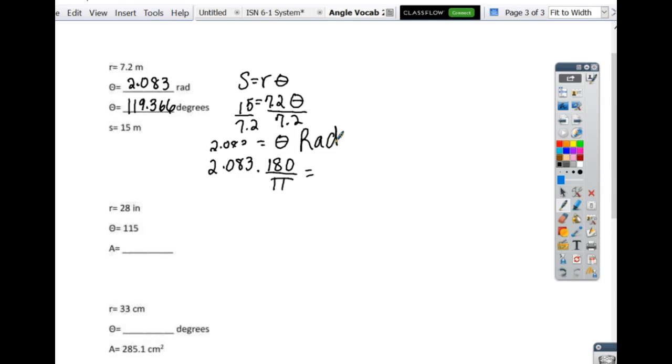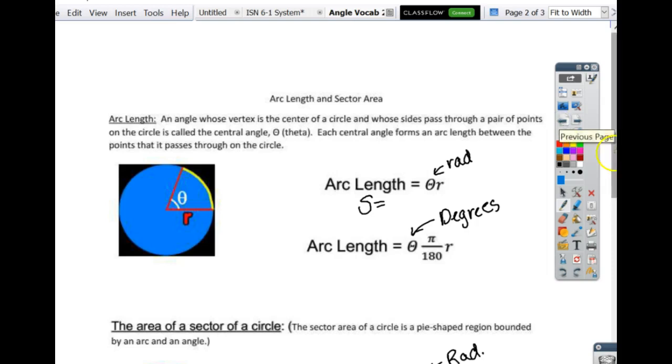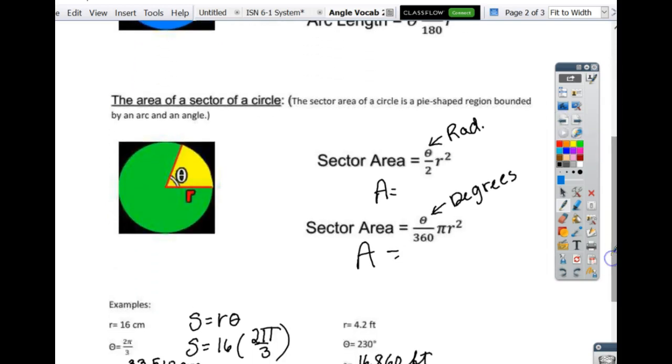Okay, so this one, what am I looking for? The area. So 115, yeah, this is degrees. So this is the degree one. And what am I looking for? A. So let's get the right formula. So this is this one, right?